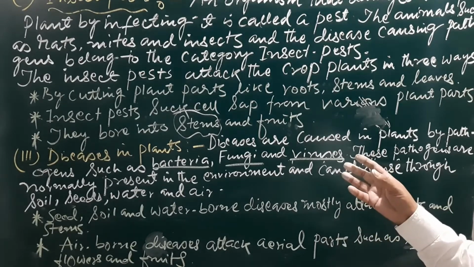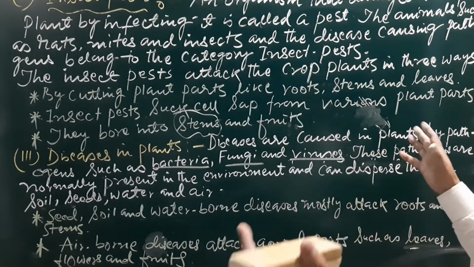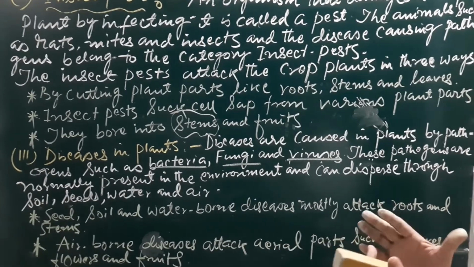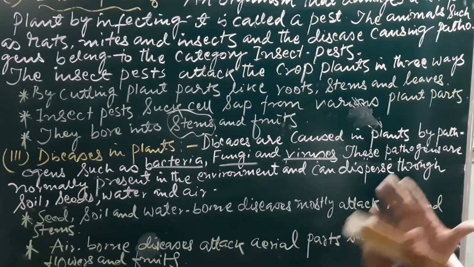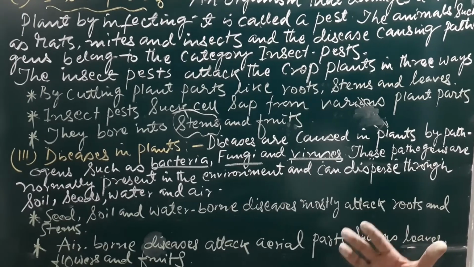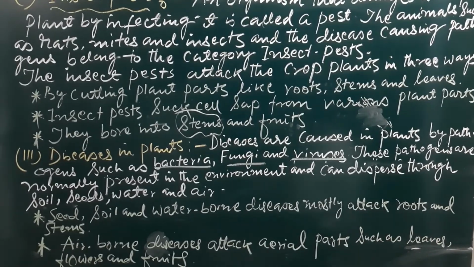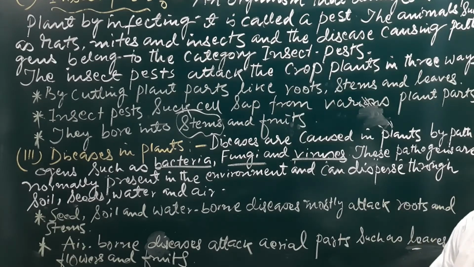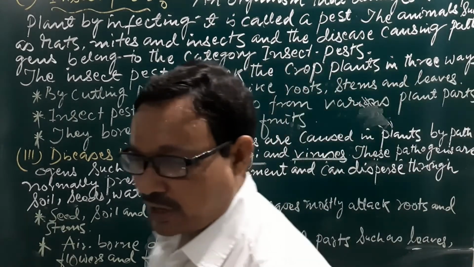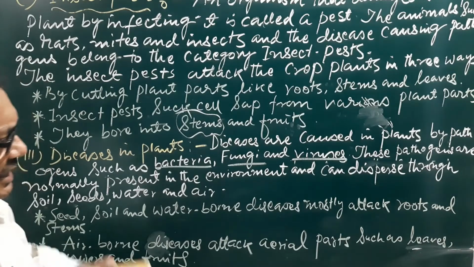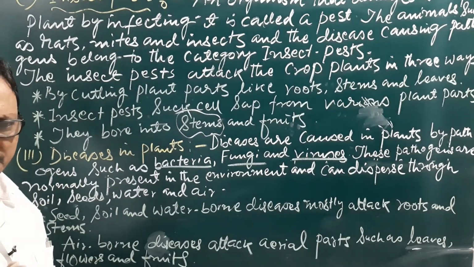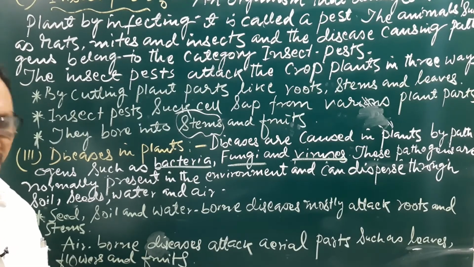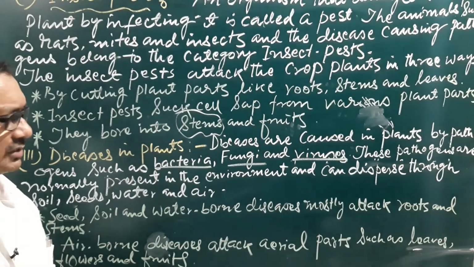There are several types of chemicals utilized for destruction of these pests. They are specifically prepared: against weeds, weedicide; against fungi, fungicide; against insects, insecticide; against rodents, rodenticide. There are so many chemical substances which are to be utilized for their destruction and elimination.